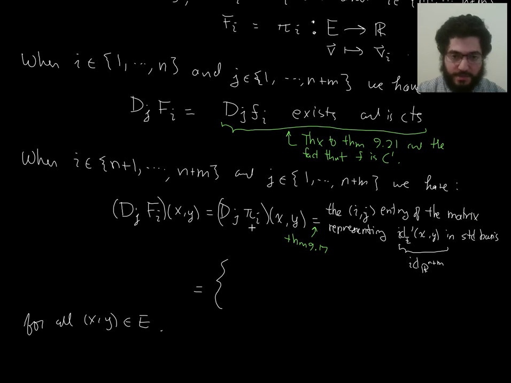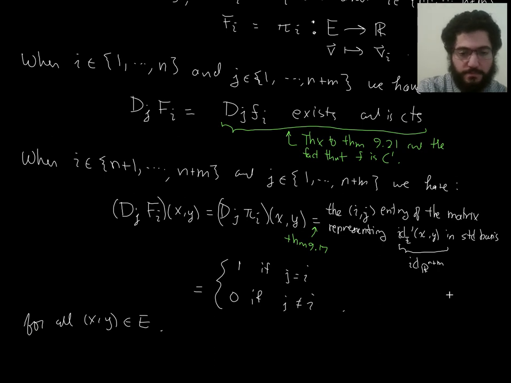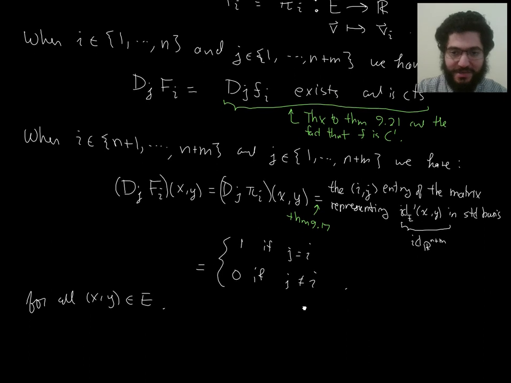You would get 1 if j equals i, and 0 if j is different from i. And if you still were not convinced that these are continuous functions, well, now you see that they're actually constant. They're definitely continuous.